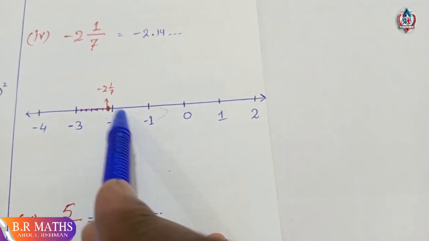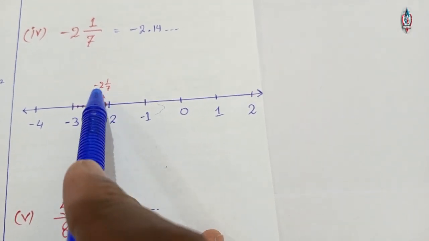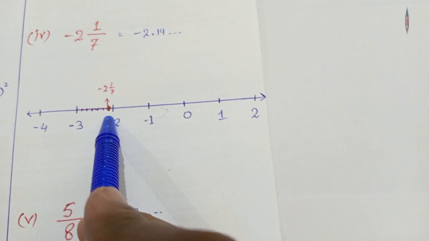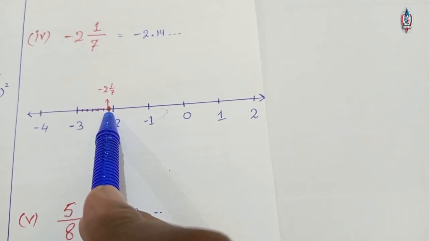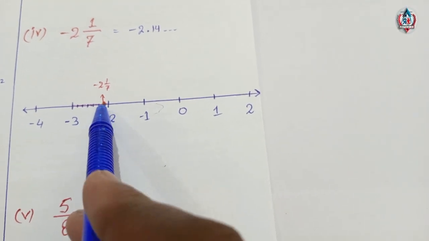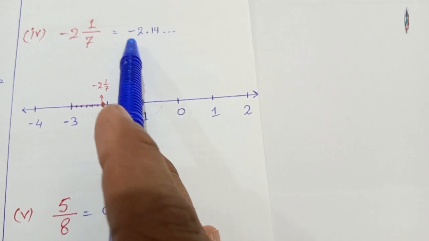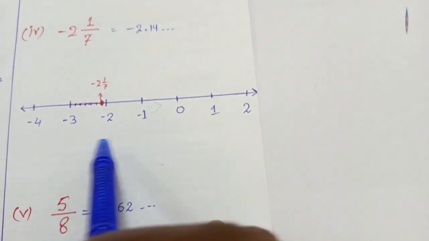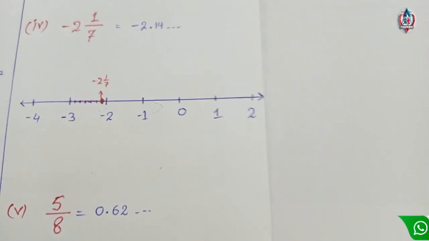So from -2, after one box you place a point. This point is called -2 1/7, or in decimal you can also write -2.14.